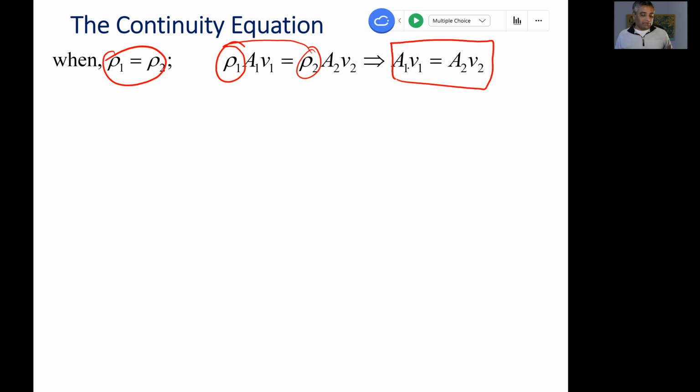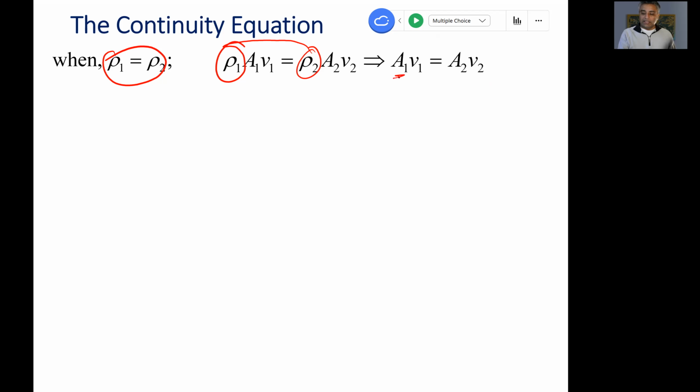It doesn't have to be a garden hose. You can experiment in your sink faucet, okay? Let it run nicely, a nice stream, and block part of it. What happens? It's going to start coming out faster, okay? So that's what this equation is telling you.